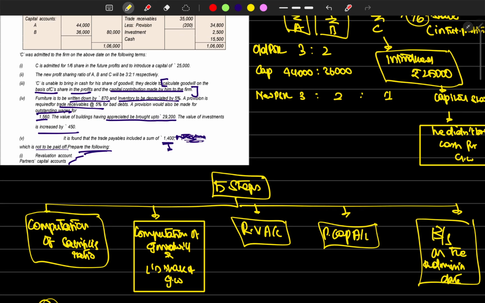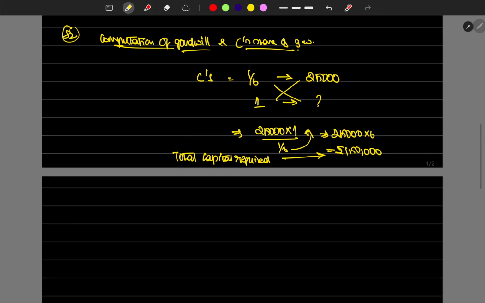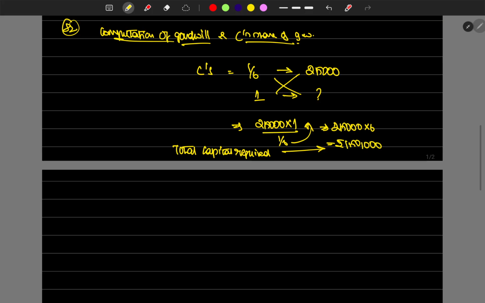We have found that this is the total capital contribution required in the organization. So if the total capital is 1,50,000, then what is the existing capital?